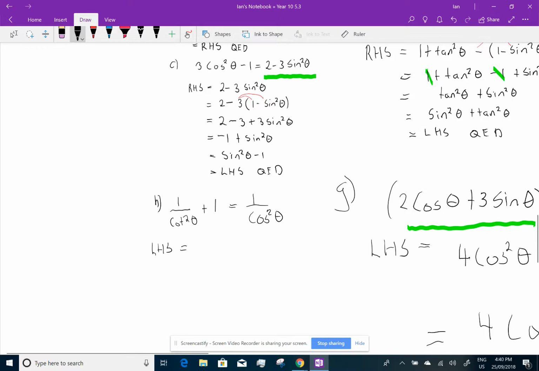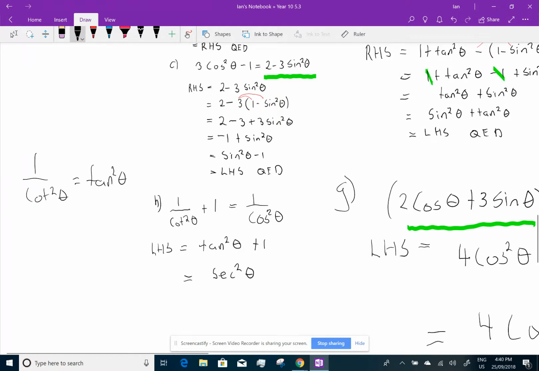Well, I know 1 on cot is the reciprocal of tan, so that equals tan squared theta. So I get tan squared theta plus 1. And I know that tan squared theta plus 1 is sec squared theta.